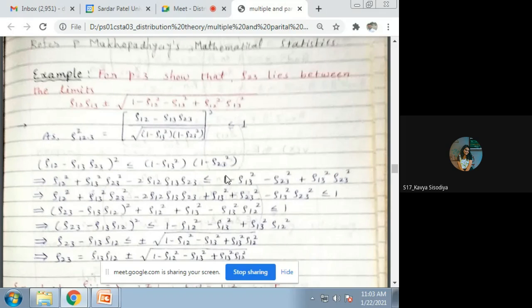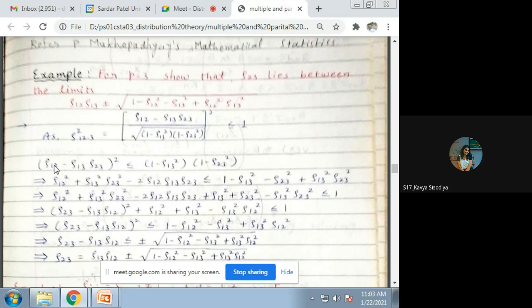We know that this square is less than or equal to 1. That means this quantity is less than or equal to 1. So I can write it as (rho 1 2 minus rho 1 3 rho 2 3) square is less than or equal to (1 minus rho 1 3 square)(1 minus rho 2 3 square). So of course you just simplify this. What will you get?